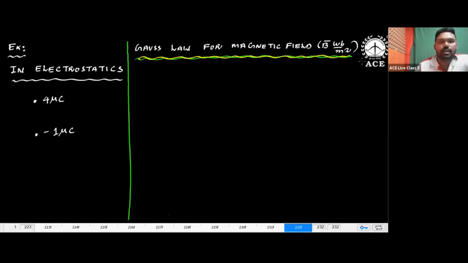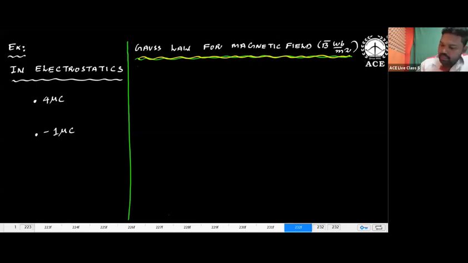What is this Gauss law for magnetic field saying? The net magnetic flux coming out of any closed surface is always zero. Why? Because the net charge for magnetostatics is always zero. You cannot have 1 microcoulomb of charge separately, one north pole separately, or one south pole separately, isn't it? It is something like a buy one get one free offer. Okay, beta?